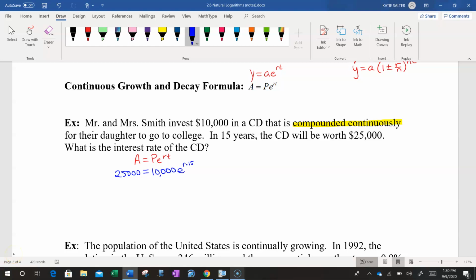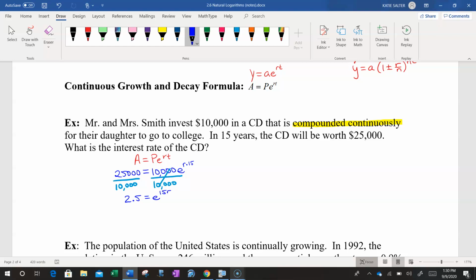So the first step, just like any exponential equation, is to isolate the base. So to isolate the base in this case, we would divide each side by 10,000. So that would leave us with 2.5 is equal to e to the r times 15, which we can go ahead and write as 15r.